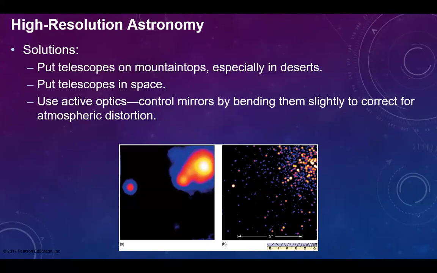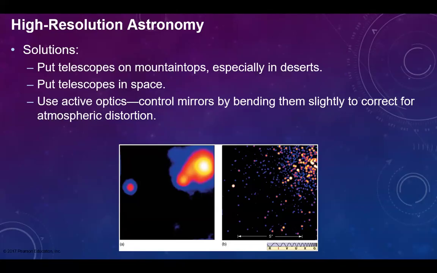So how do we deal with this? Well, if we want to see things in great detail, we want to be looking through as little atmosphere as possible, and we want that atmosphere to be as uncomplicated as possible, as still as possible if we can, but mainly we want it to have less stuff in it.